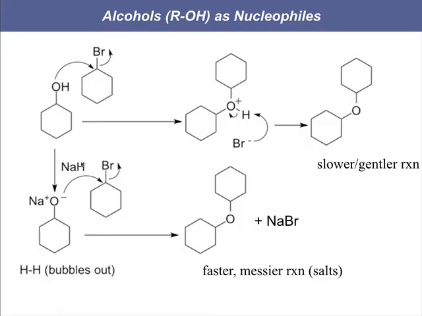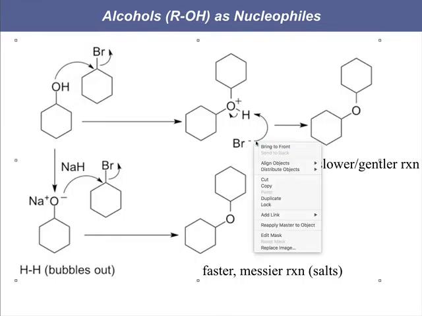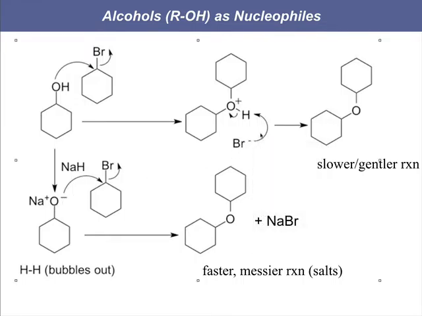What it will do is grab the H off of the alcohol and generate O minus, kind of the same mechanism that we showed here. Hydride would grab the H, put the electrons onto oxygen so that we have O minus and then Na plus. That also generates H2, which is a gas, of course, and that bubbles away.